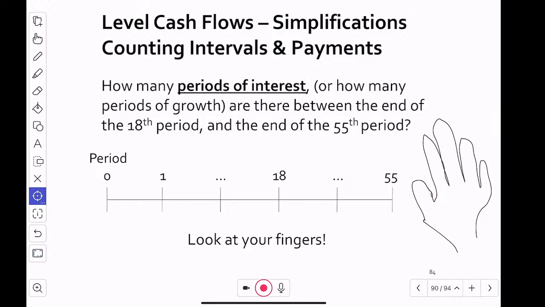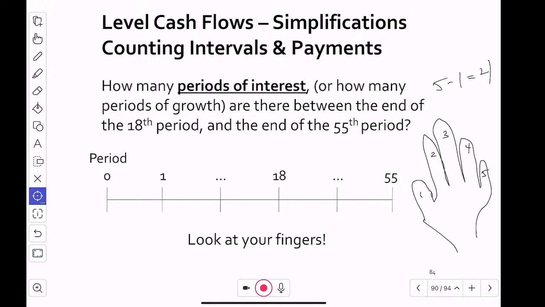You can think of the fingers as the tick marks and the in-between as the intervals. If you numbered your fingers 1, 2, 3, 4, and 5, they would be synonymous to 18, 19, up to 55. How many intervals or spaces are there between the fingers? If you subtract 5 minus 1, you get 4, which is correct. There are 4 intervals.